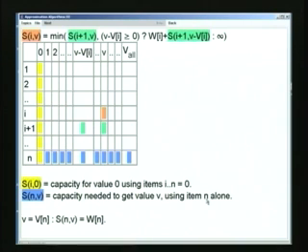So that can be represented quite nicely by putting in an infinity in these entries. If v is not equal to v of n, then we cannot get that value, and so we will say that a knapsack of infinite capacity is needed.